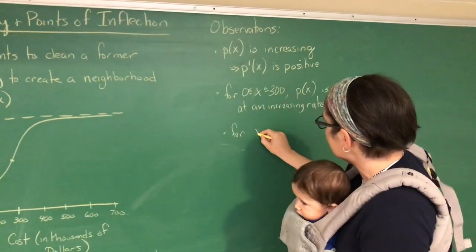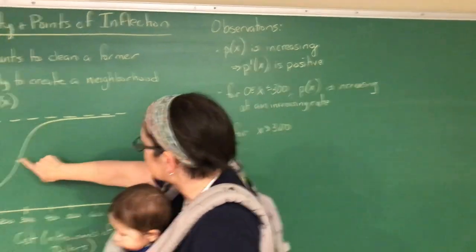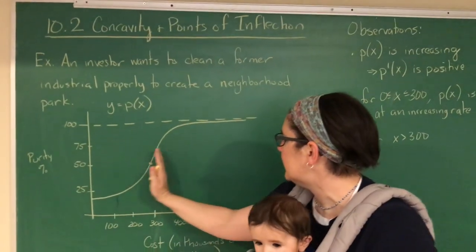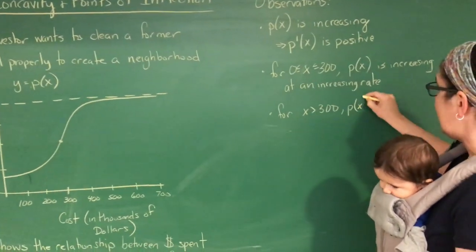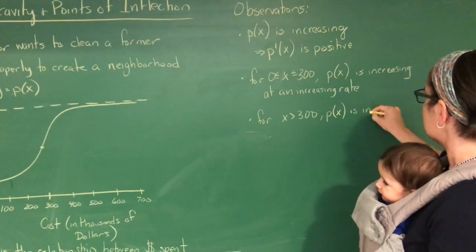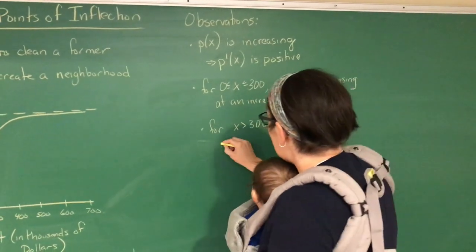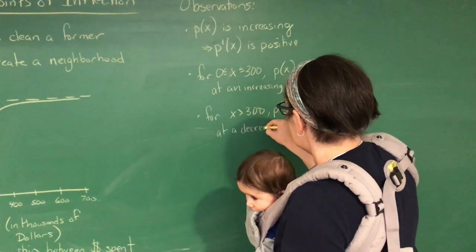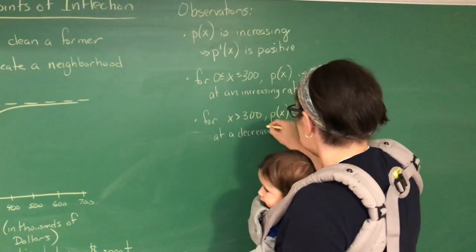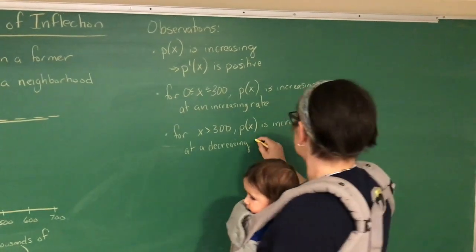But for x values that are bigger than 300, so for all of these x values on this top half of the graph, p of x, the purity, is increasing, still going uphill, but at a decreasing rate. In other words, it looks like the purity is slowing down as we read from left to right.